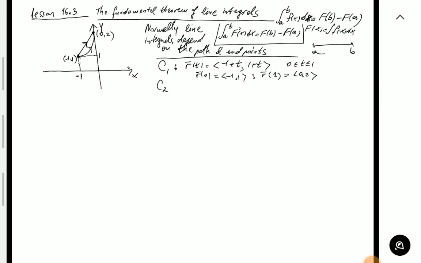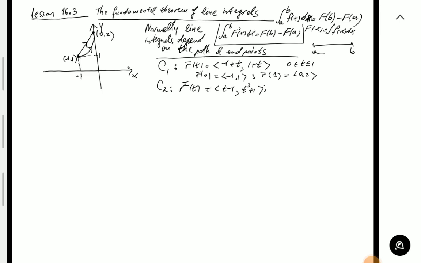And the other path, C2, has the components t minus 1 and t cubed over 3 plus 1. So let's call it also r of t, equal to t minus 1, t cubed over 3 plus 1.